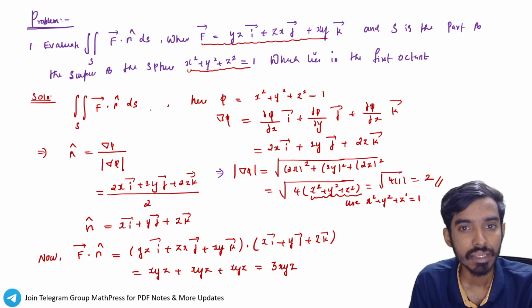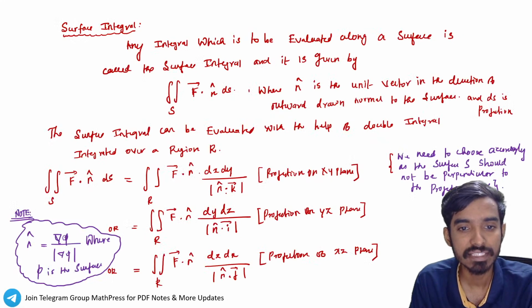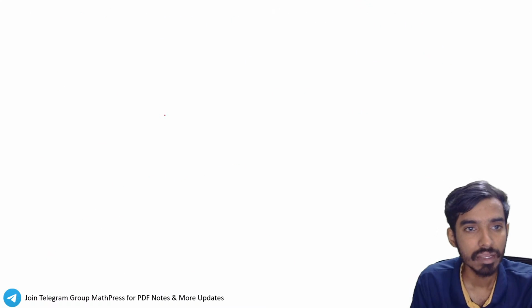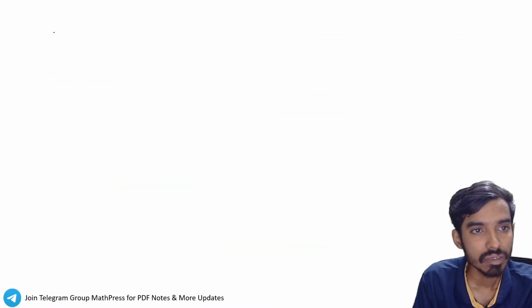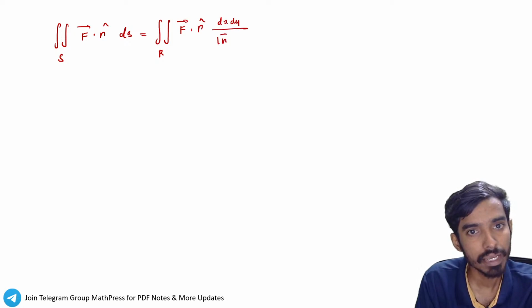Now what are we going to choose for ds? I'm going to choose ds to be dx dy divided by n cap dot k. That is, we are projecting on the xy plane. Now the double integral over s of f vector dot n cap ds will be the double integral over r of f vector dot n cap dx dy divided by modulus of n cap dot k.